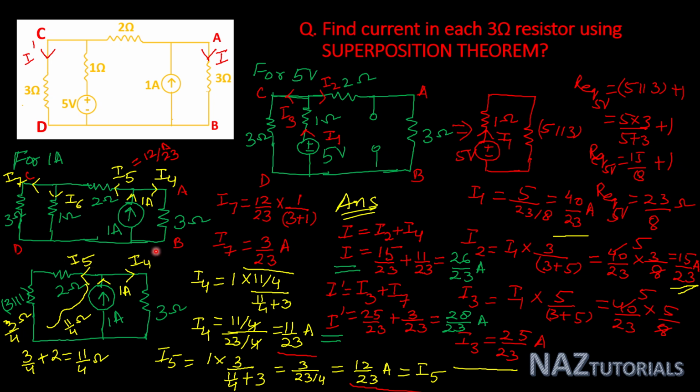For the single source circuit, there are many more resistances in the circuit. You can apply this current divider rule and calculate each branch current easily in minimum steps. So for the superposition theorem application, this is our solution for the circuit.